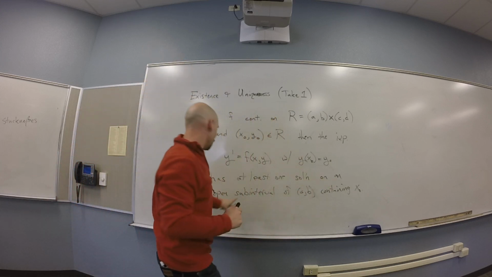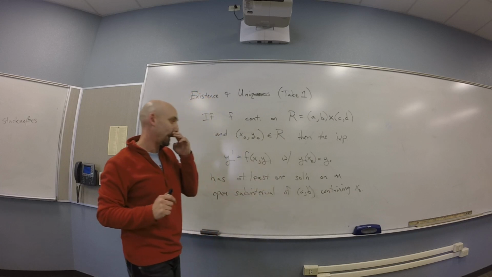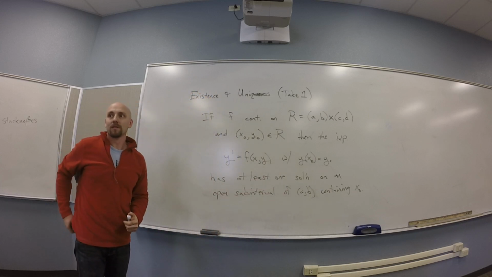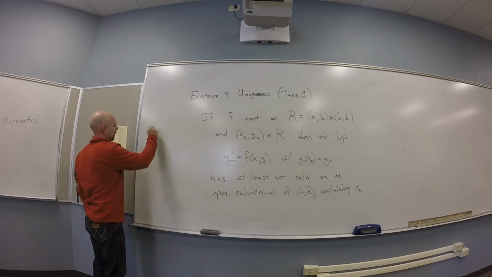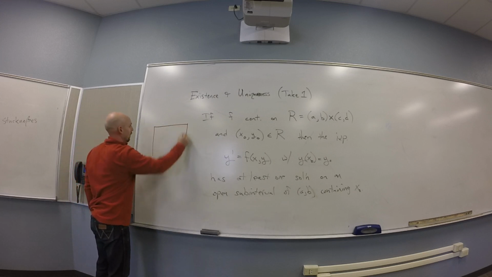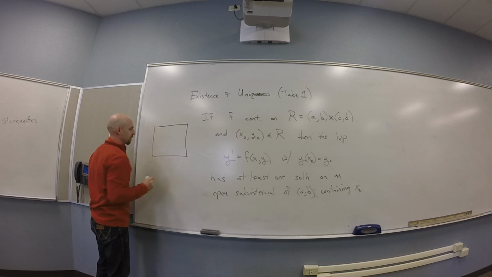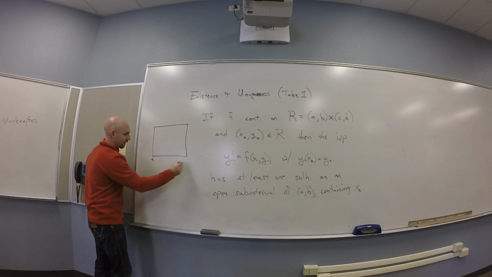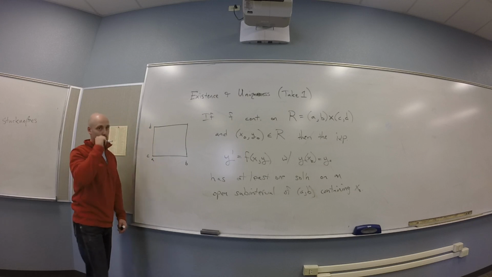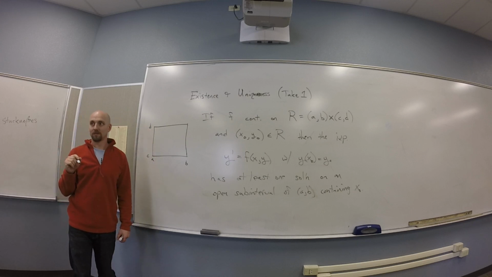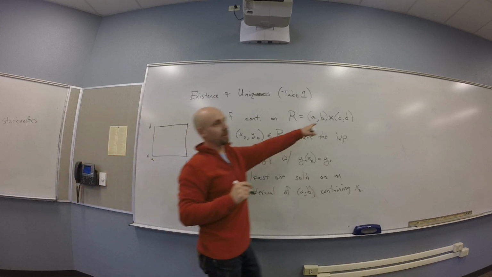On an open subinterval of AB containing x naught. In other words, there is a rectangle that's AB by CD, right? You guys were all on board with multiplying intervals together?